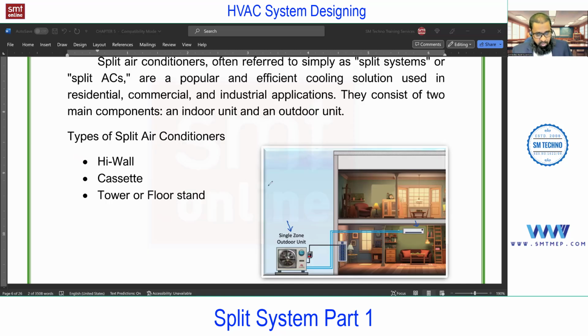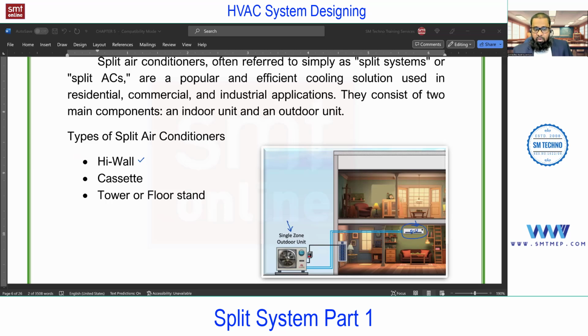Now, the different types of split: you will find n number of types, but most commonly in actual practice you can find the high wall. You see on screen, this is high wall. The high wall, cassette, and this tower are based on the FCU. In general, we can call this an FCU, fan coil unit, where coil refers to the cooling coil.